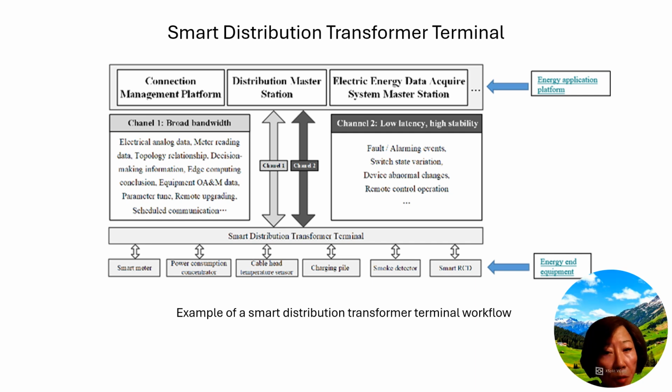In this scenario, approximately 300 to 500 energy end devices are connected to a single Smart Distribution Transformer Terminal. Each application requires an average uplink surface bit rate of more than 2 megabits per second between the Smart Distribution Transformer Terminal and an energy end device. The communication distance ranges from 100 meters to 500 meters.